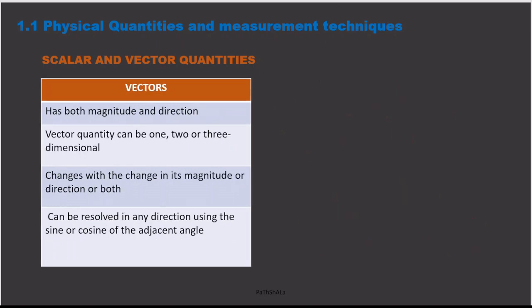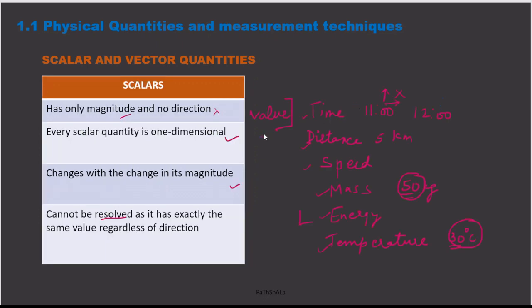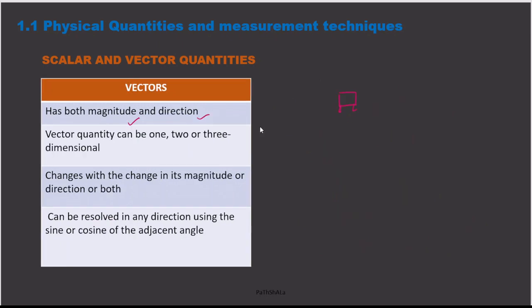Moving on to vector quantities. Now vector quantities, they have magnitude as well as direction. They have magnitude as well as direction. Example, I have a table. Sorry for my bad drawing. So I have a table and I have to apply a force on it. Let's say I'm applying a force of 10 Newton on it.